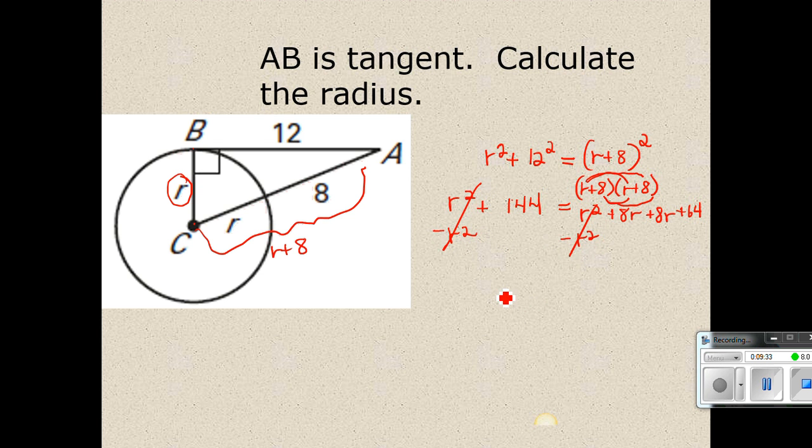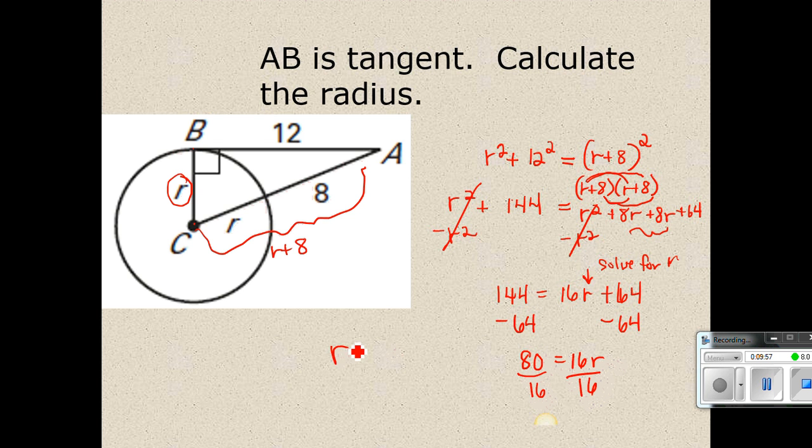That's nice. I have 144 equals 16R plus 64. Now I can solve for R. Subtract 64 from both sides, and I get 80 equals 16R. Divide by 16, and I get R equals 5. So the radius of this would be 5.